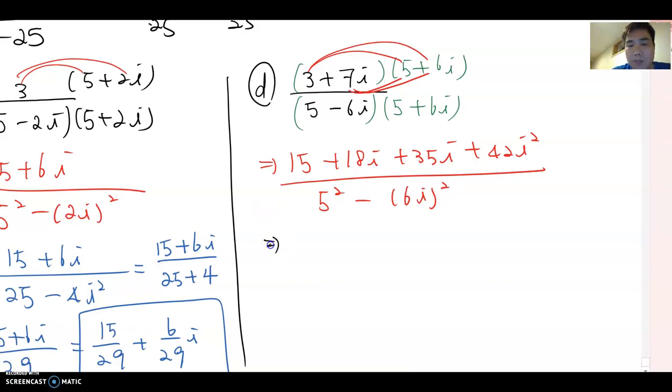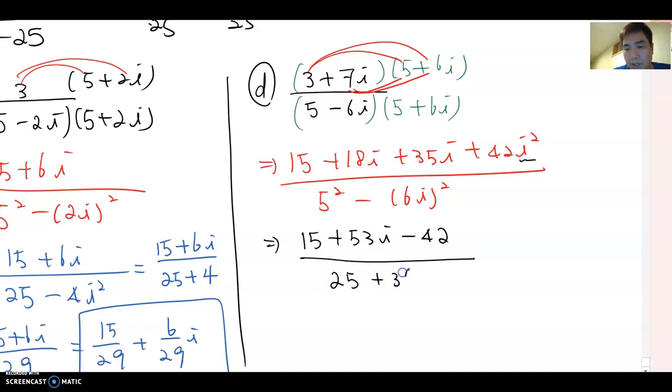So this becomes 15 plus 53i minus 42, because i squared becomes negative 1. Then over 25 plus 36, because this is 36i squared, and i squared becomes negative 1, that's why it's plus 36. Now we combine like terms one more time.